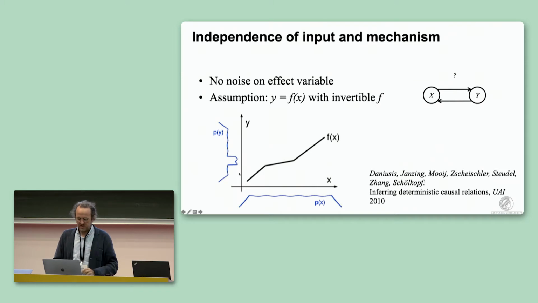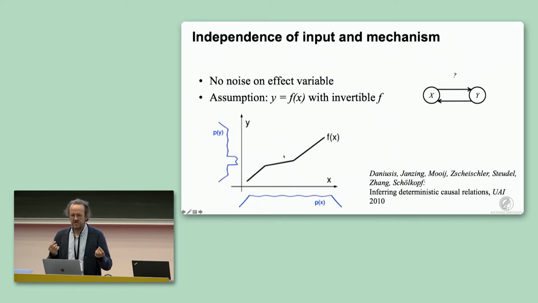And what you can see in this picture is that this mechanism leaves a footprint in the effect distribution, because wherever this mechanism was very flat, the effect distribution will have high density. So if input distribution and effect distribution are independent, then the same does not hold true for effect distribution and mechanism. So there's a dependence here.